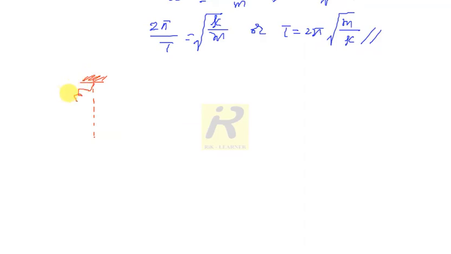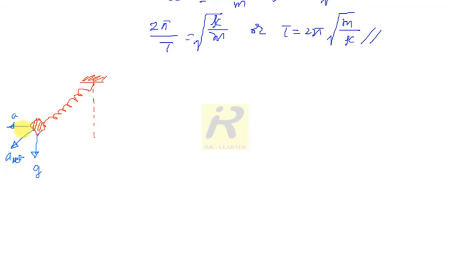The spring could be written here as shown, with the attached mass. Be careful, the acceleration due to gravity is acting downward, and the pseudo acceleration is in this direction. Then the net force is acting in this particular direction.